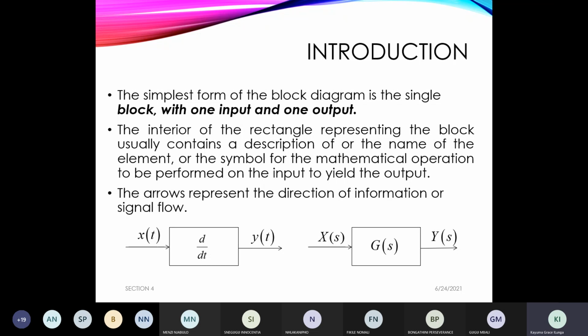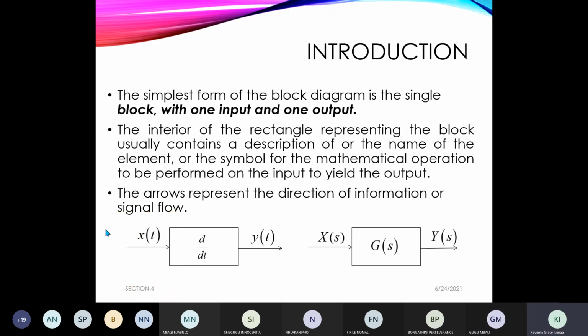As you can see on your screen, we are going to show the simple form of the block diagram. The simple way of representing a block diagram is what you can see here: a way to represent your input and output, and the system, which can be represented by a transfer function, as you know, or any mathematical relation or mathematical model of a system.